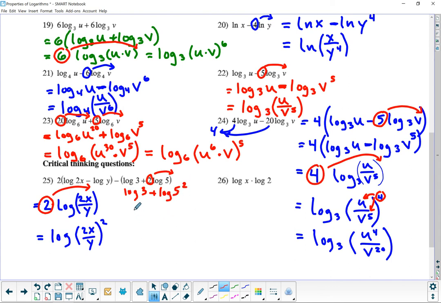And I'm going to combine those to be a log of 3 times 5 squared. And I'm not going to change it to 25 because if I change it to 25, I lose the essence of what the 5 was. I don't know if it originally was 25.